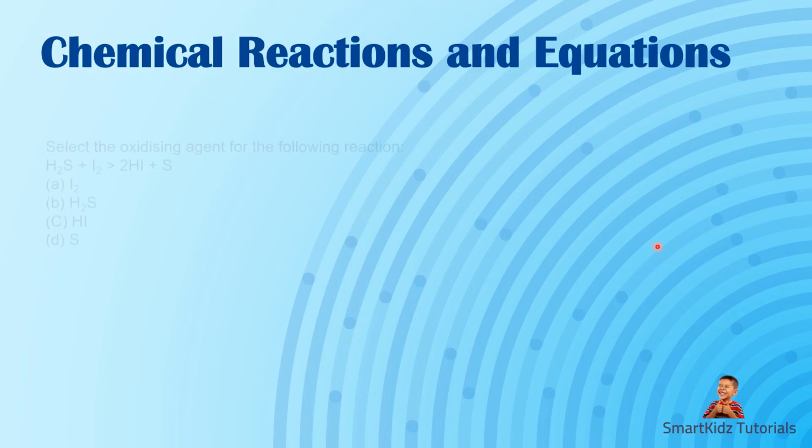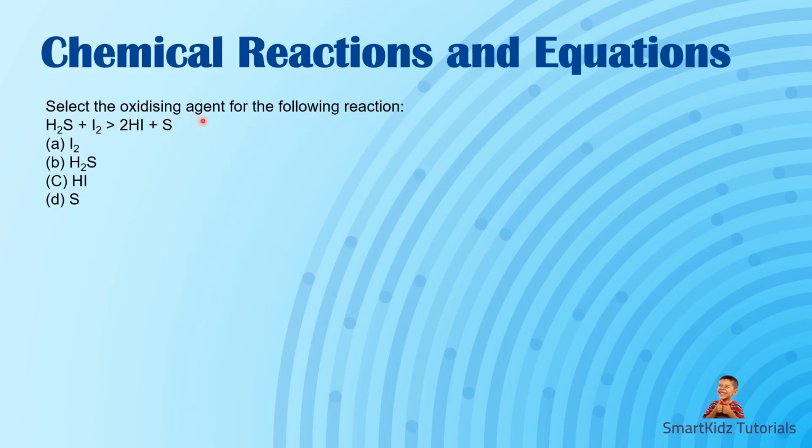Next question. Select the oxidizing agent for the following reaction. Now, if you look at oxidizing agent, you will ask, where is oxidation taking place? Oxidation doesn't always mean addition of oxygen. Sometimes it also means removal of hydrogen.